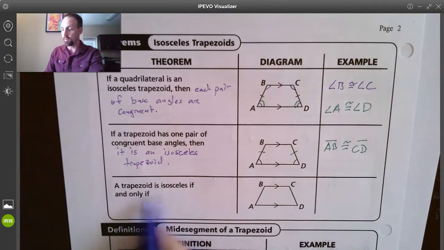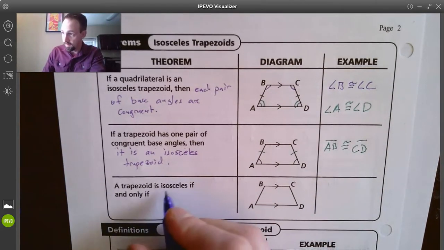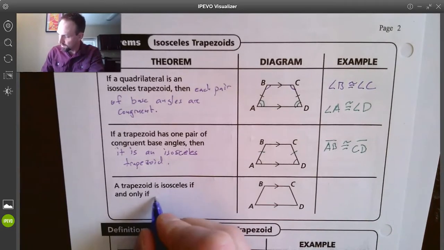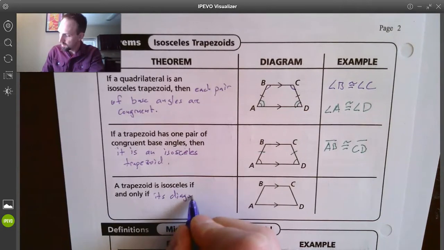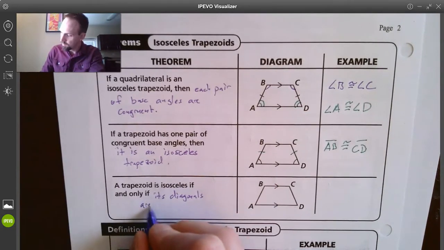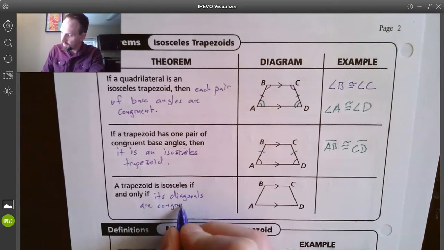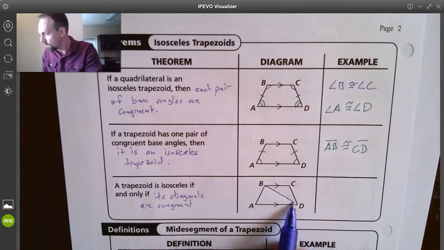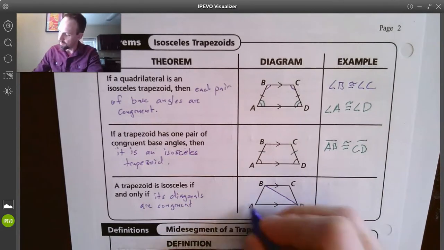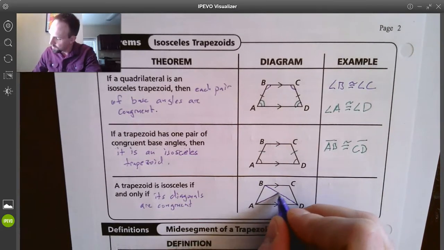And a trapezoid is isosceles if and only if its diagonals are congruent. Remember, the diagonals are what's drawn from one point to the opposite point.